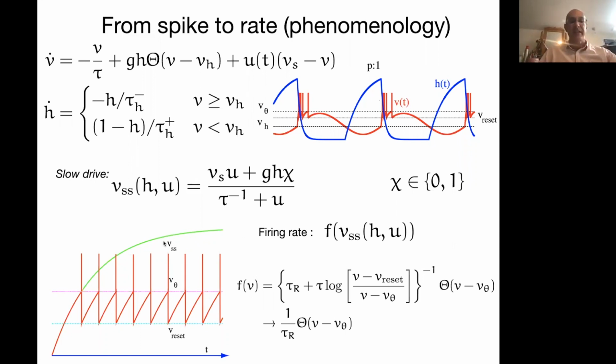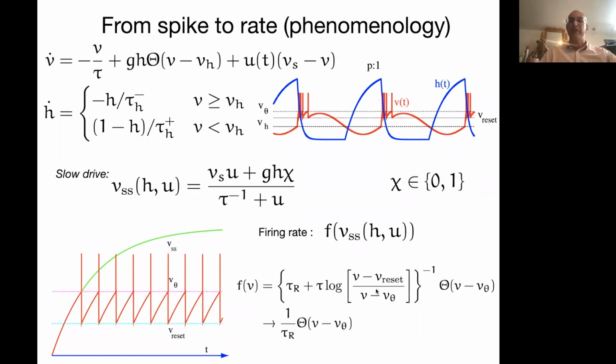And the bigger the steady state value, the more frequent the spikes will be. Okay, and it's very easy to write down the firing rate response for one of these simple neurons in response to constant input, or in this case, in response to the steady state that you're trying to reach.